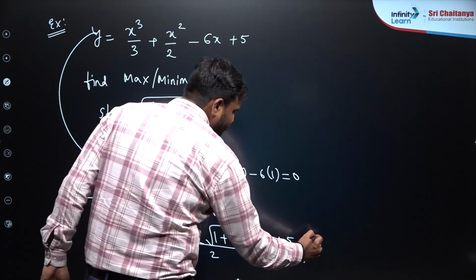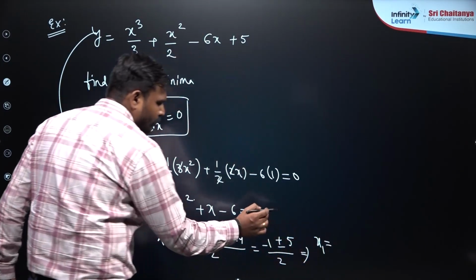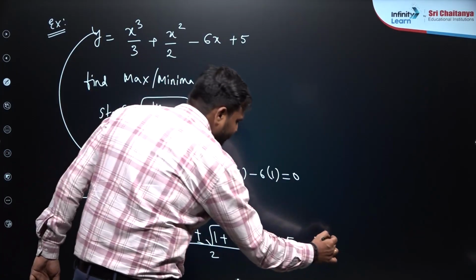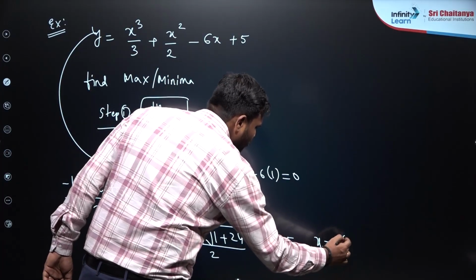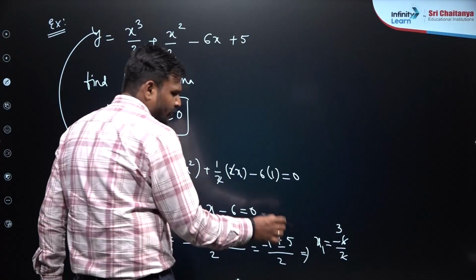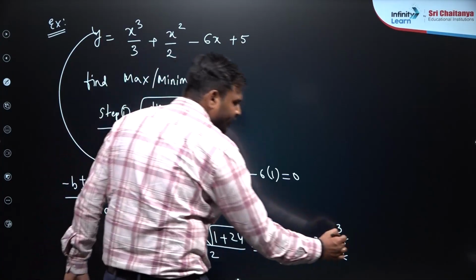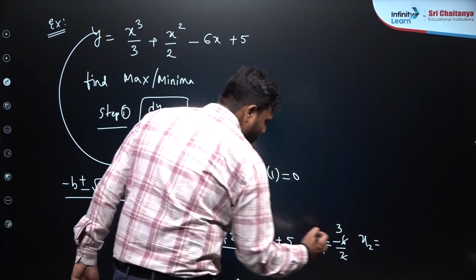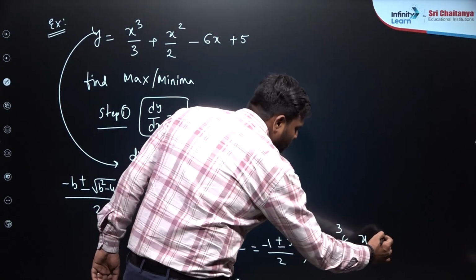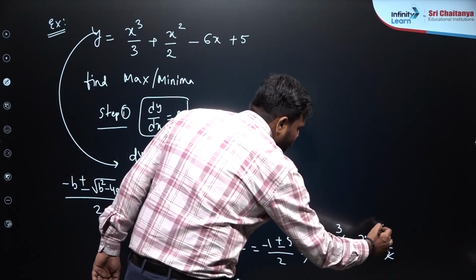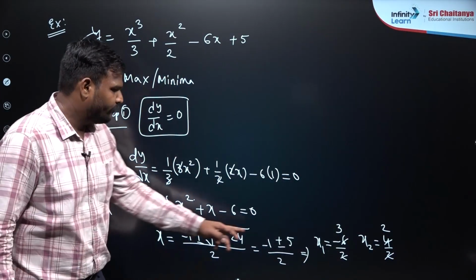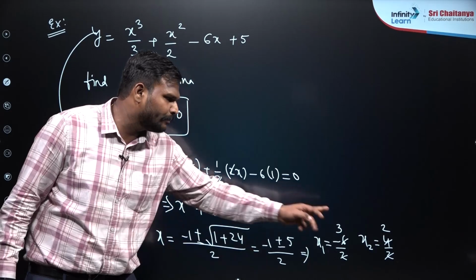So what is x1? Minus 1 minus 5, that is minus 6 by 2, which is minus 3, and minus 1 plus 5, so 5 minus 1, 4 by 2, which will be 2. So there are two roots. When I take plus there is a root, when I take minus there is a root.